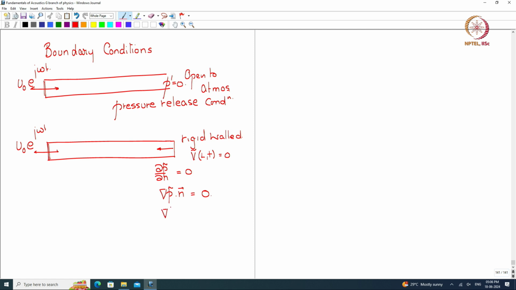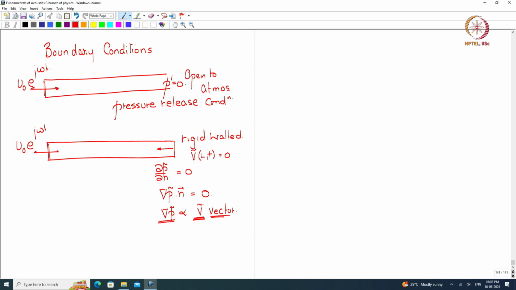Because gradient of pressure is directly proportional to velocity, which is a vector. Okay. So we take the component of the velocity in a particular direction such that it is normal to some surface, and so it reflects on the gradient, it is a directional derivative now on the pressure.